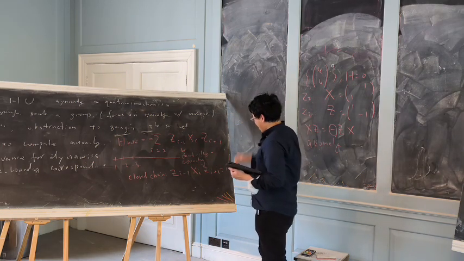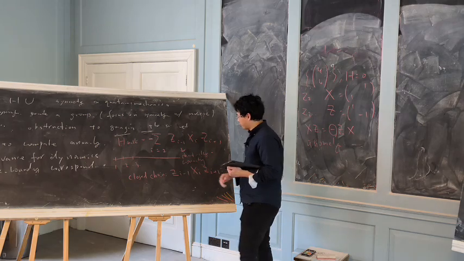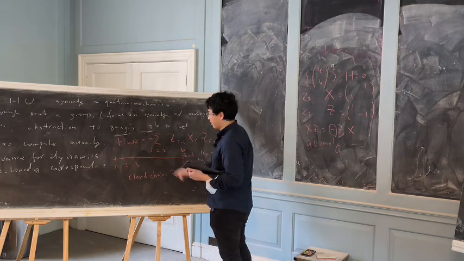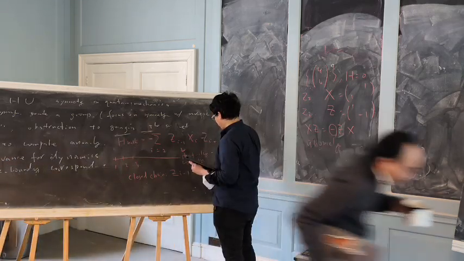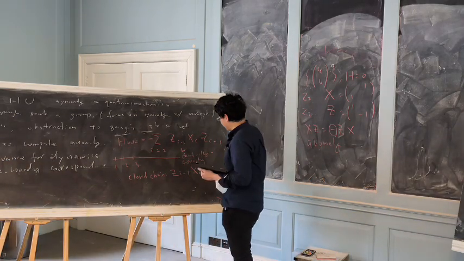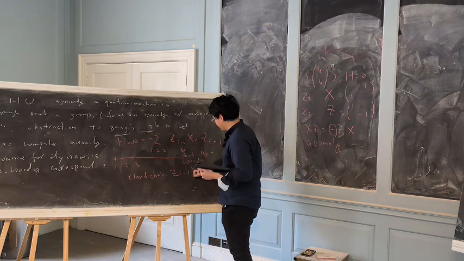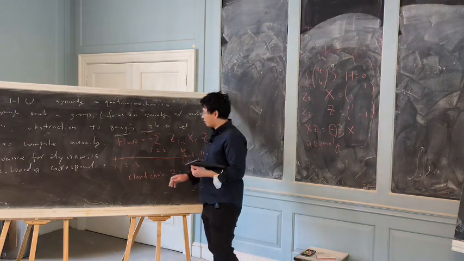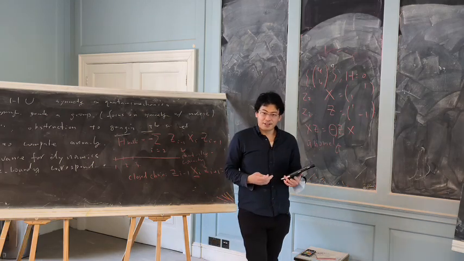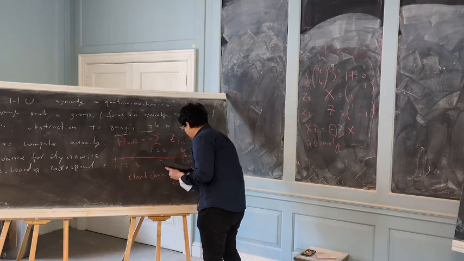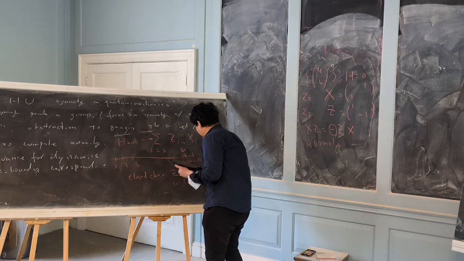Then you can use this relation to fix each spin to be pointing up, because there's an X operator here. So there's a single ground state if the chain is closed.